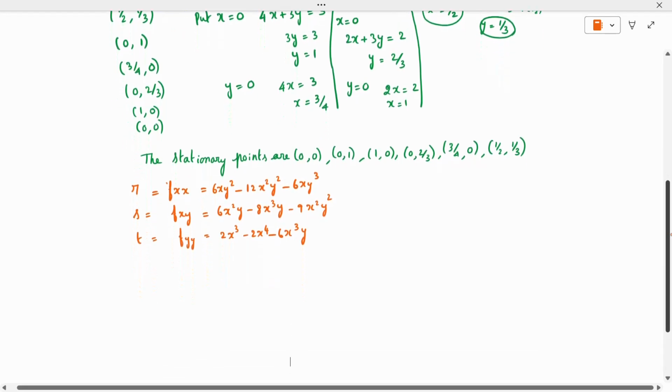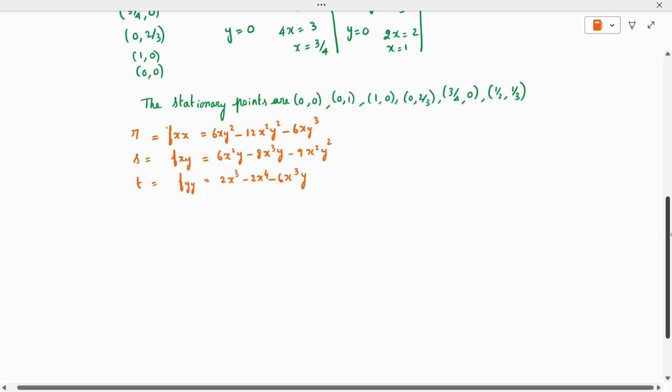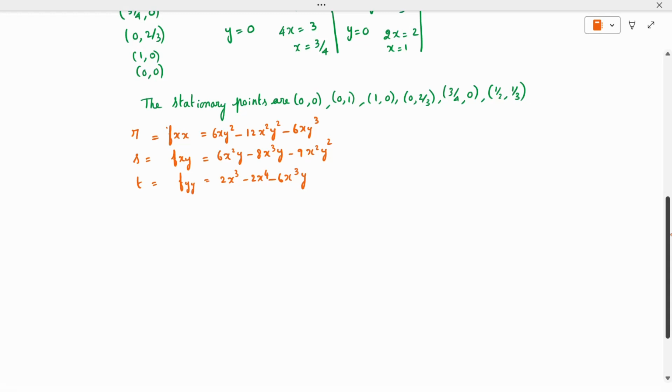Now we have to form it in the table format. Okay, now when I form it in a table, all the 6 points I will form in a table.